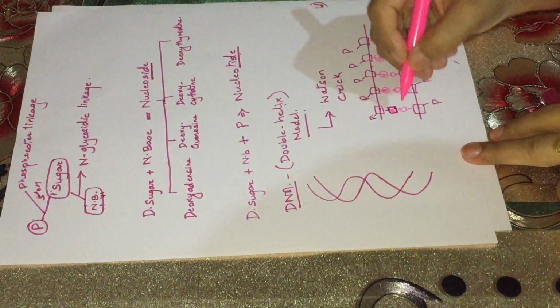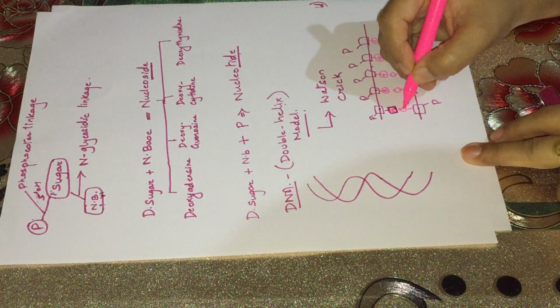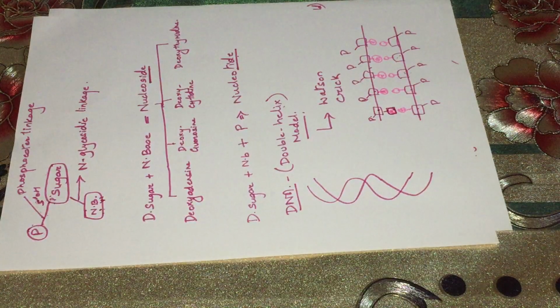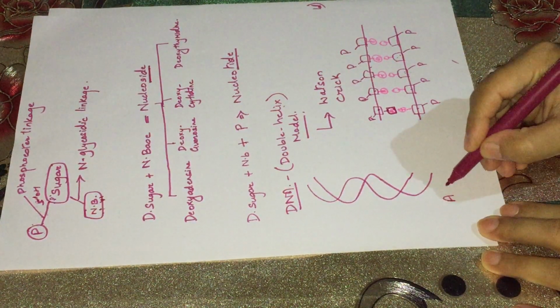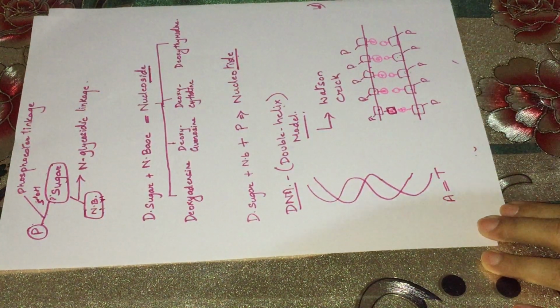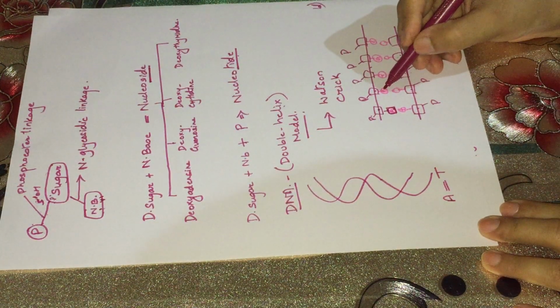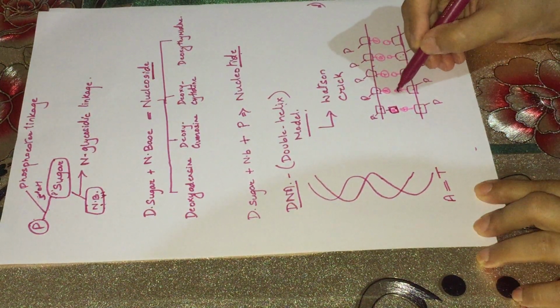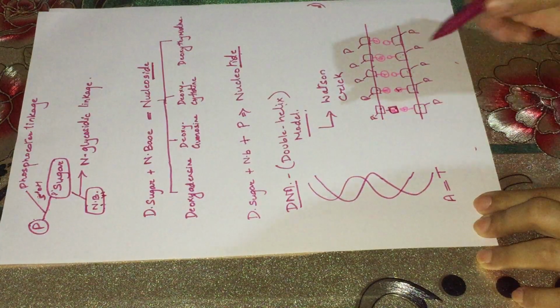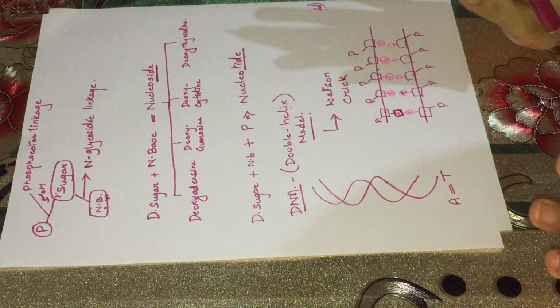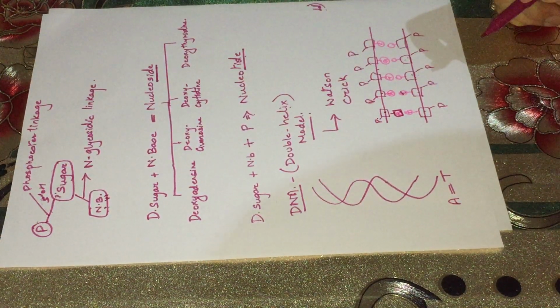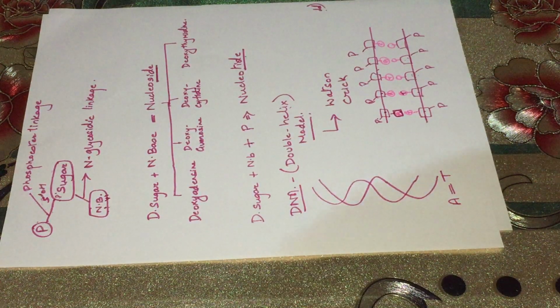If there is adenine, then there must be thymine here. If there is A, that means here it should be T. Adenine always pairs with thymine. If there is T, there must be A. They are called complementary base pairs.